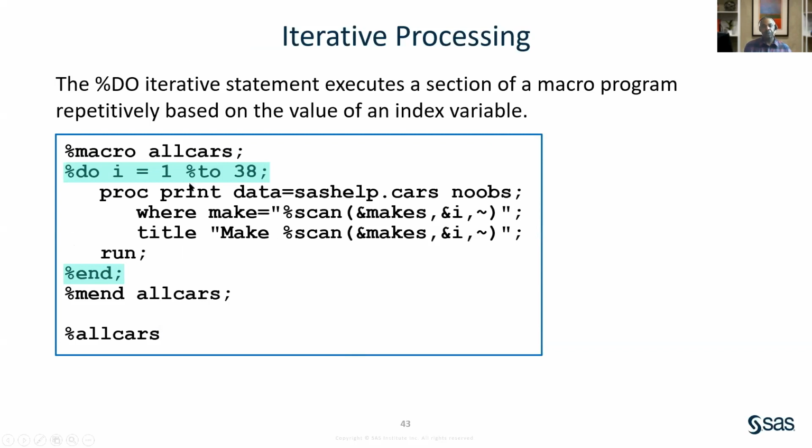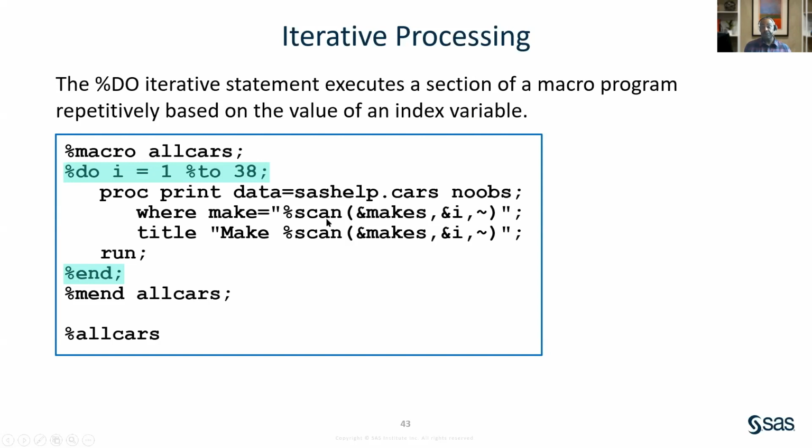So here's the example of a macro do loop. Now, I happen to know there are at least 38 makes in that SASHELP.CARS. So I'm having this PROC PRINT work 38 times, and I'm filtering one of the makes at a time. I'm using %SCAN against the value of the macro variable makes and grab each one, position at a time.